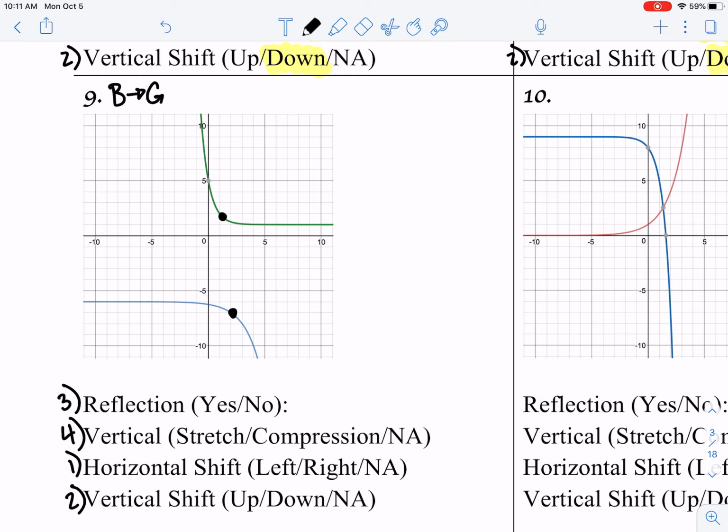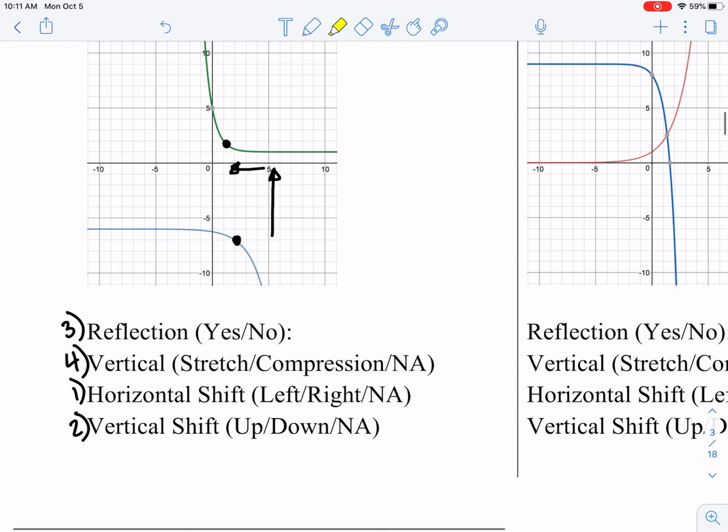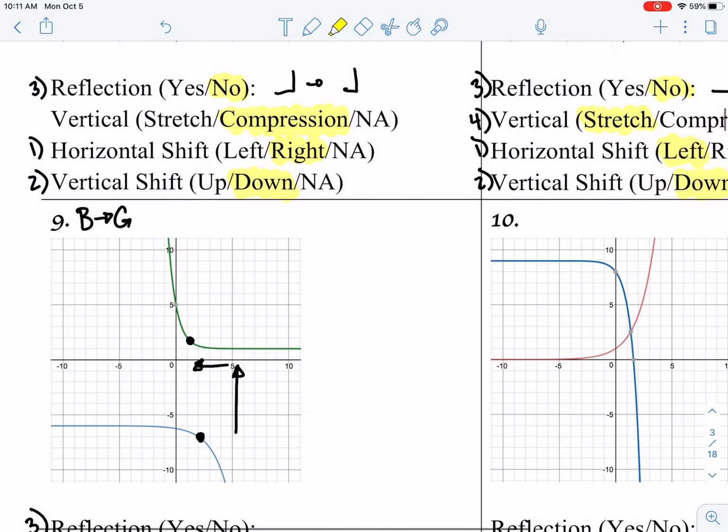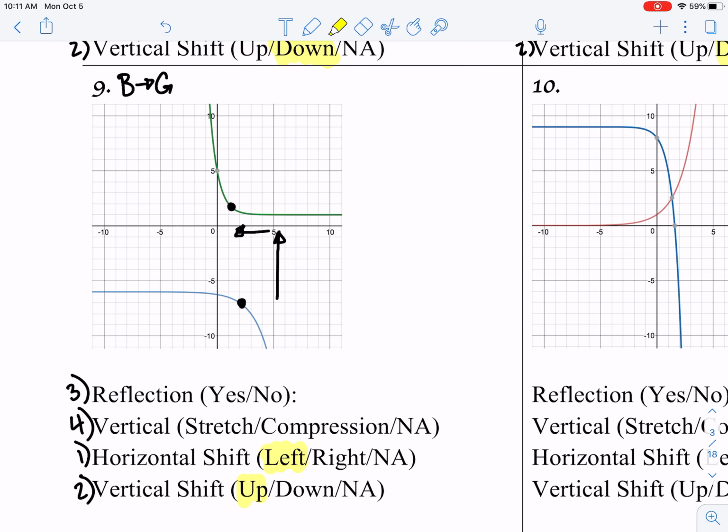So blue, I need to go up and then left. Because I'm starting with blue, it looks like a 7. Then it becomes an L. They're different shapes, so there is a reflection.